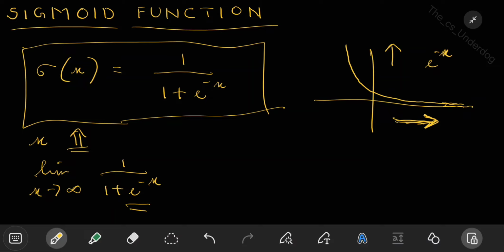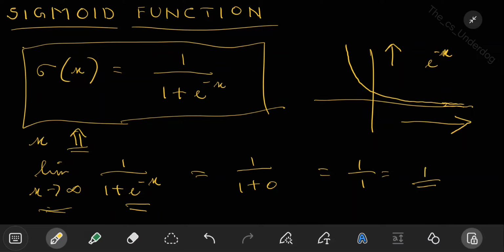So when x tends to infinity, e power minus x approaches 0, which means limit x tends to infinity of e power minus x is 0. So this becomes 1 by 1 plus 0, that is 1 by 1, which is equal to 1. At limit x tends to infinity, the sigmoid function gives the value 1. So as the value of x increases, the sigmoid function approaches the value 1.